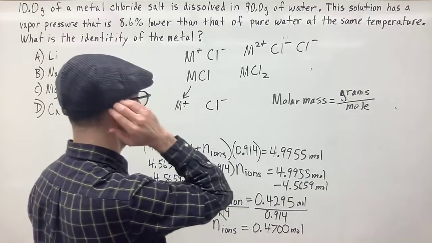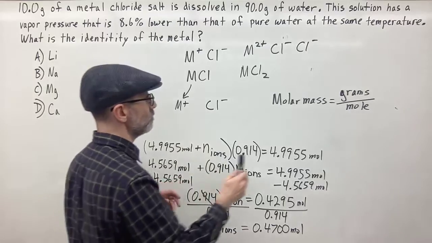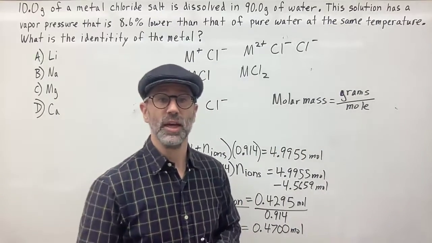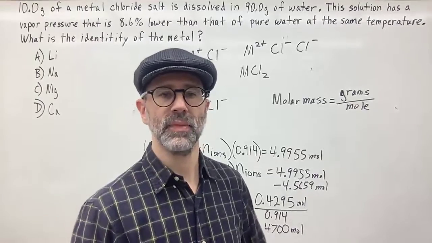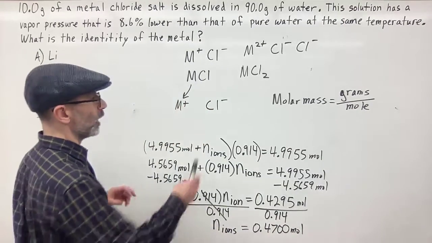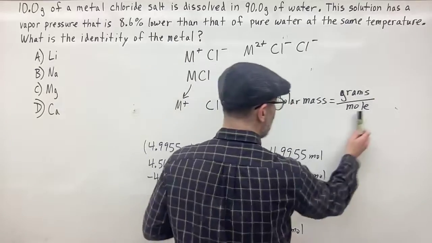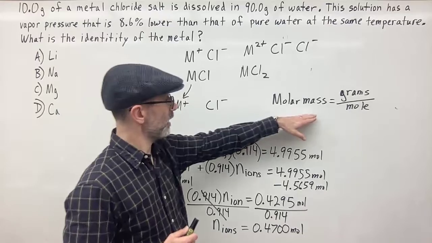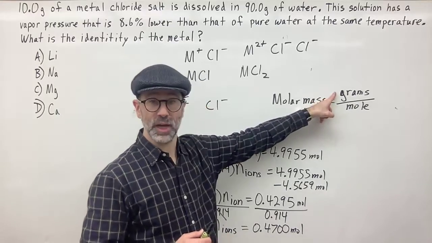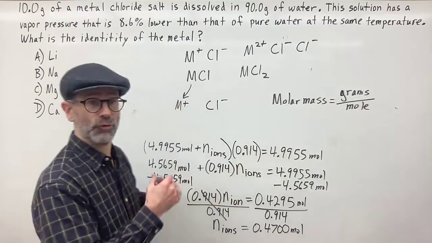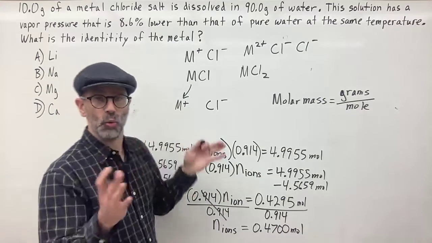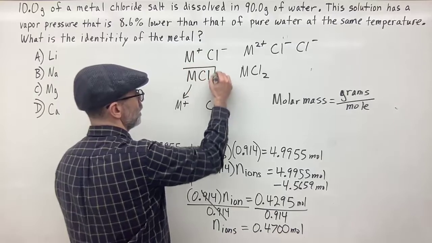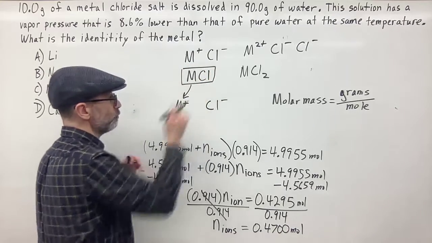So the 10 grams is part of the metal chloride. So what does that mean? Okay, so we got this molar mass. We got the grams of the actual compound, the full formula compound. So where am I going with this? So let's just assume, for the sake of argument, that it's this formula.